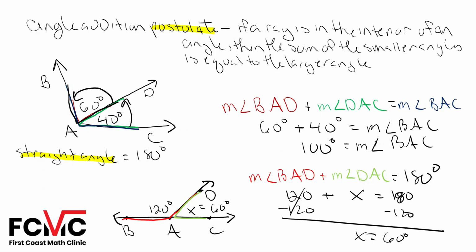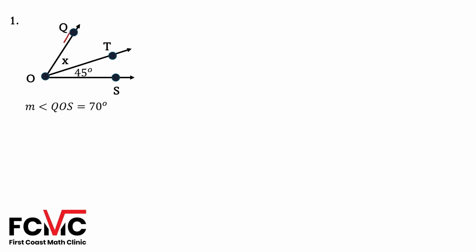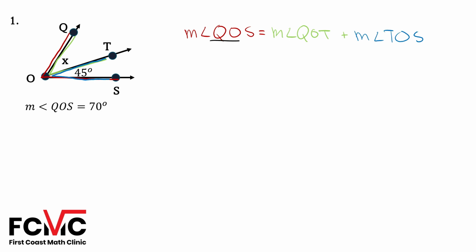All right, let's do some application problems using our angle addition postulate. All right, so for number one, we've got our larger angle, QOS. So using our angle addition postulate, that's going to equal the sum of the two smaller angles. So that's our angle here, QOT, and TOS. So we can substitute our values in. We know that QOS right here is 70 degrees.